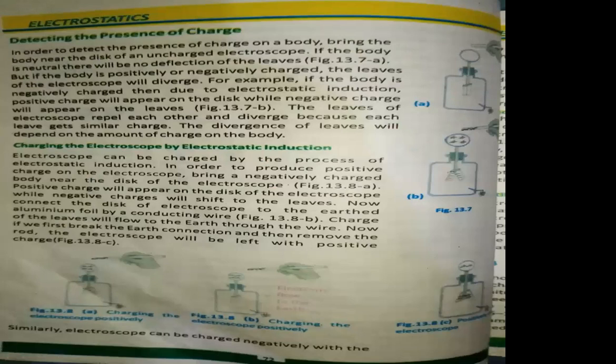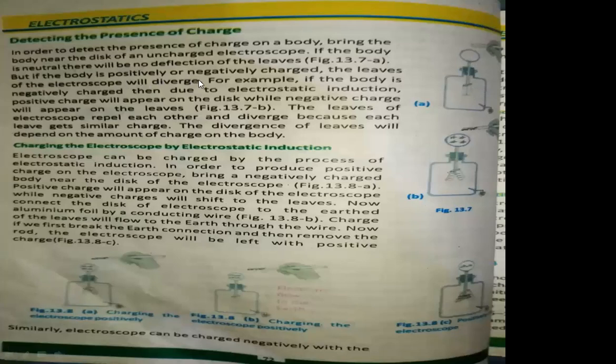We haven't brought the rod till here. The leaves are just in line, which means there is no charge on it. So it is neutral. There will be no deflection of leaves because there is no charge on the electroscope. The leaves will not converge or diverge because there is no charge on the disk.